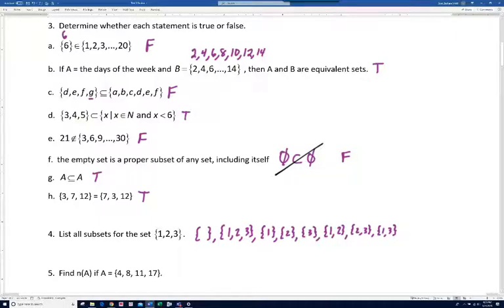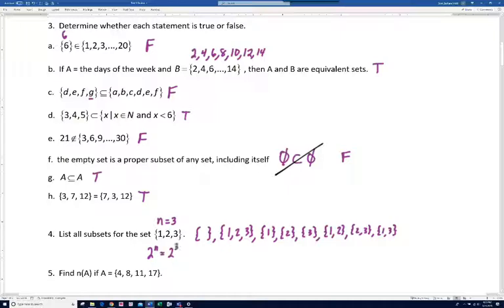Now, an easy way to check that you got them all is to find out how many there should be. Remember, there's a formula that tells us there should be 2 to the n power subsets, where n is the number of elements in the set, and in this case, there are 3 elements in the set.